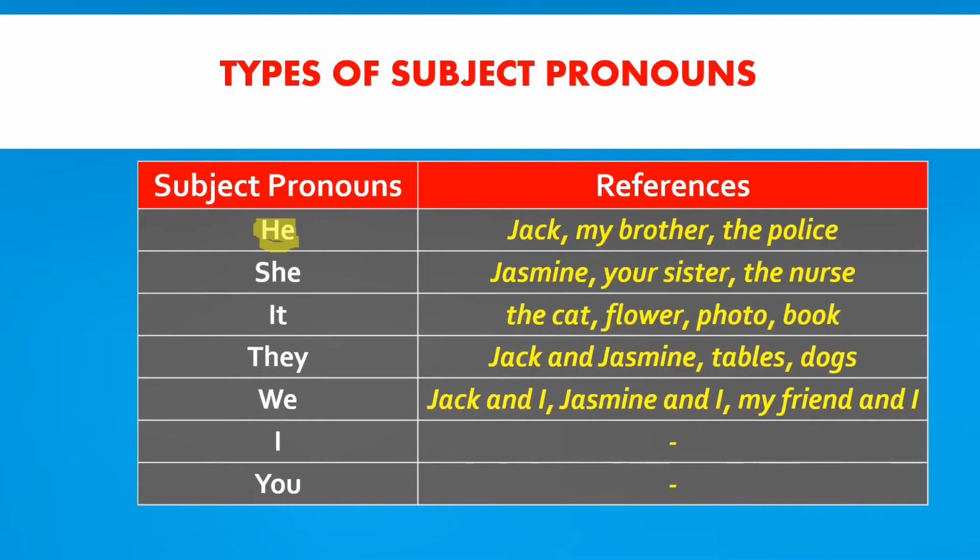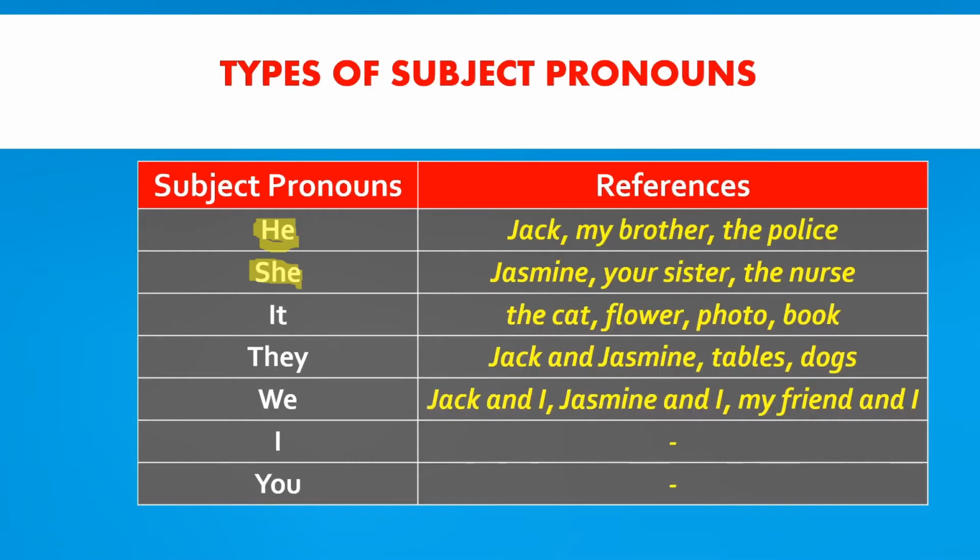Okay, so whenever you see someone's name, if he's a boy or a man, use the subject pronoun he. Okay, next we have the subject pronoun she. The subject pronoun she, we can only use it for a girl or a woman.